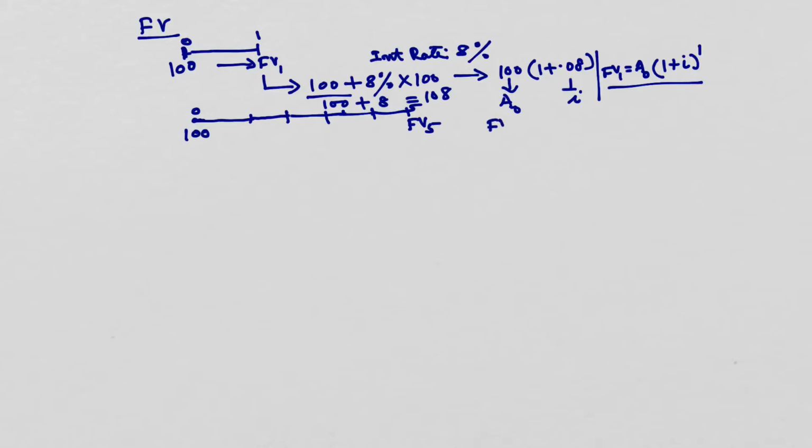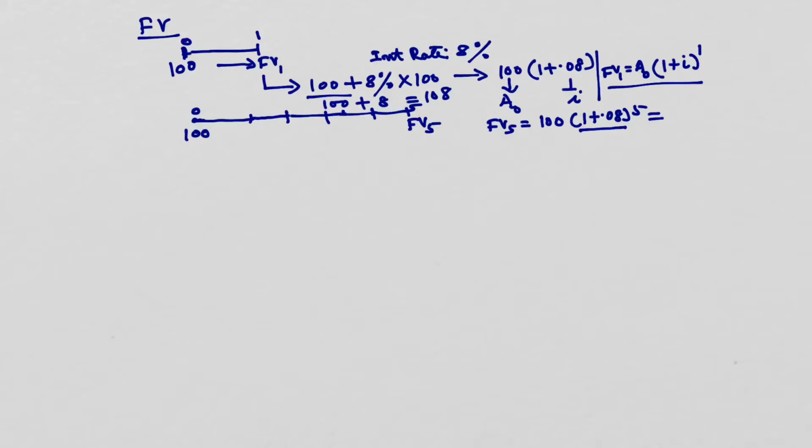Your future value after 5 years, assuming once again that the interest rate remains 8%, will be the amount you deposited today into 1 plus 0.08 raised to 5. You can use a scientific calculator to calculate this value, and then you will get the amount after 5 years. So really speaking, it's simple to find out the future value of any lump sum.